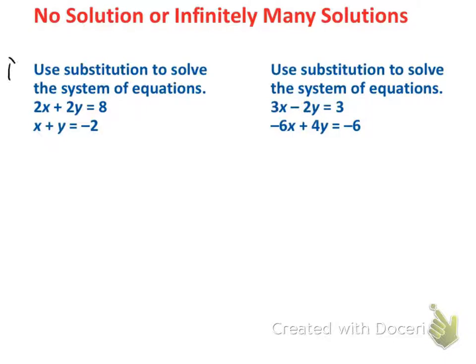So in this first one over here, in order to start substituting, we're going to need to get a variable alone. And you notice that this second equation is going to be easier to get a variable alone. So let's go ahead and subtract y from both sides. And that'll give us x alone, equal to -2 minus y.